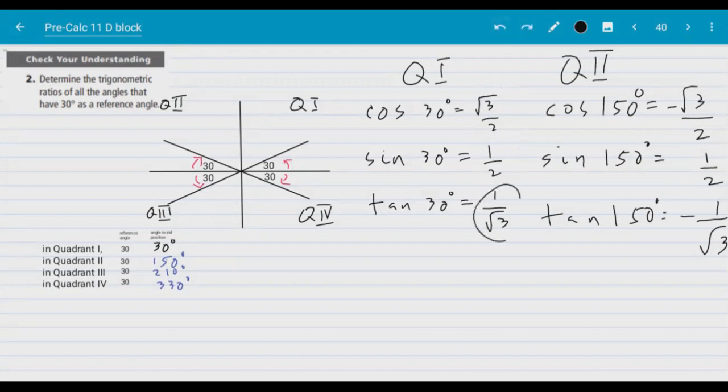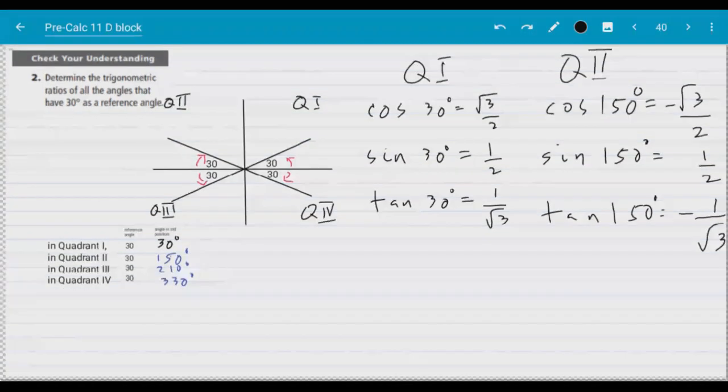While tangent is also 1 over root 3 for both, except that in quadrant 2, it is negative. So perhaps I think you already get the idea that the reason why we need the reference angle is that it makes it easier for us to figure out what the primary trig ratios are of those angles that have the same reference angle.